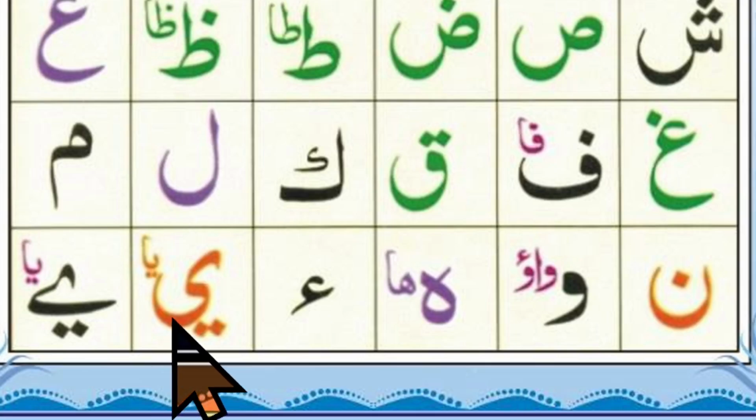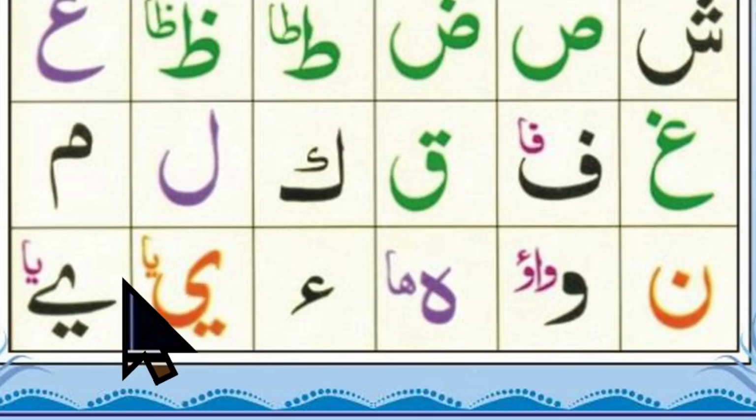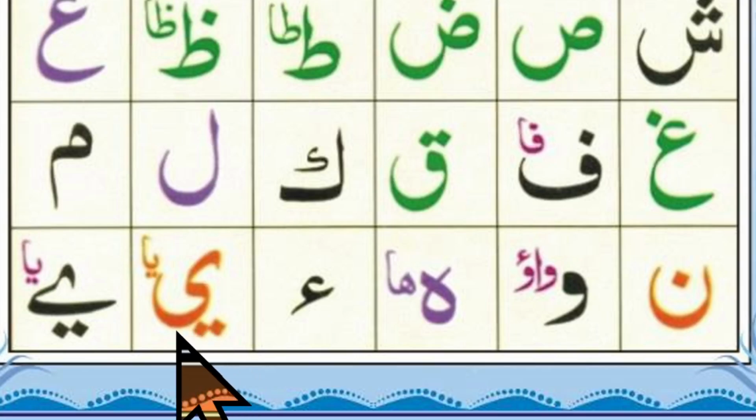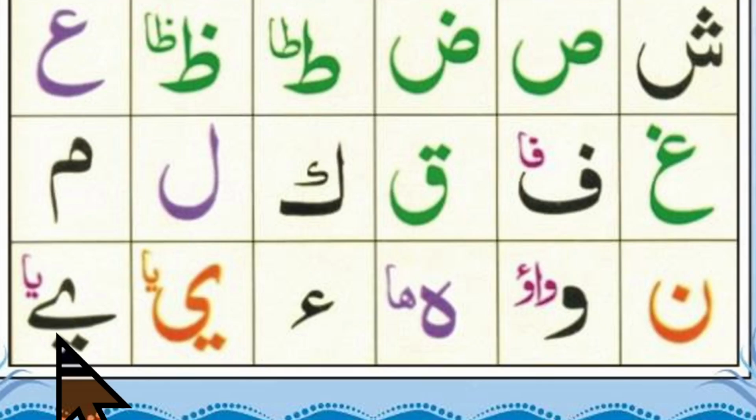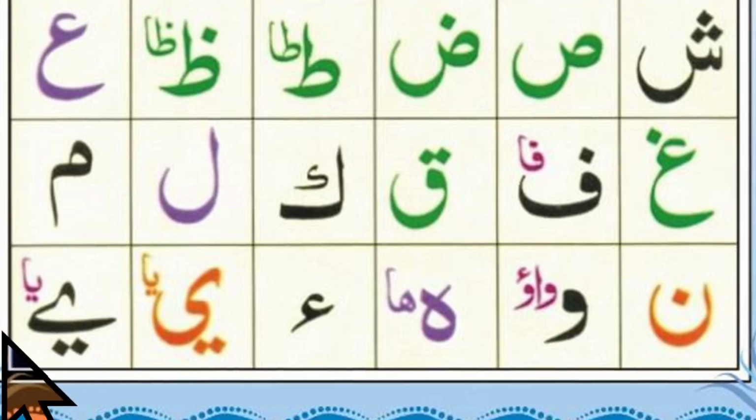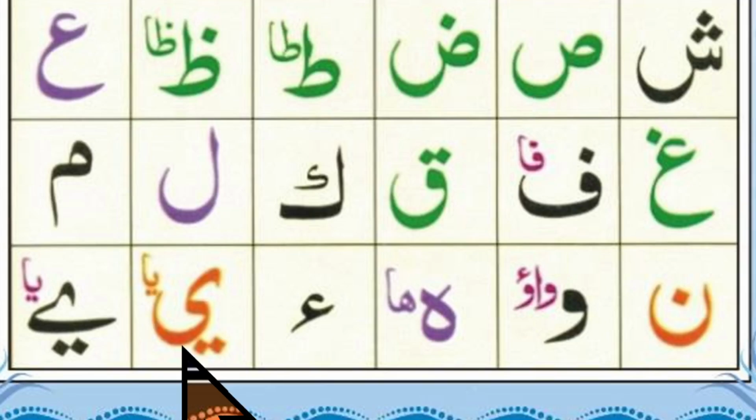Sometimes we use one while joining the letters to make words, the first one, in the orange color, and this Ya we always use separately, in the detached form, while we use this shape when joining the Ya with the next letter. So Ya, Ya.